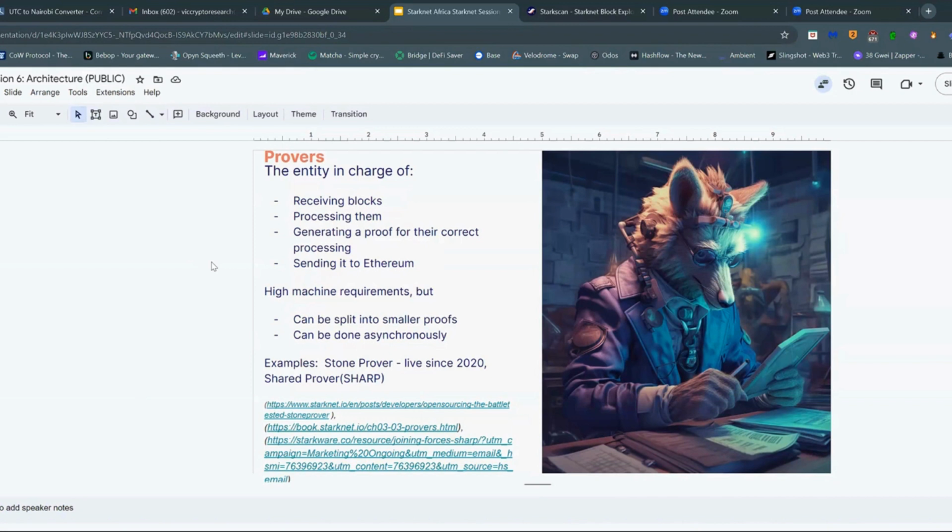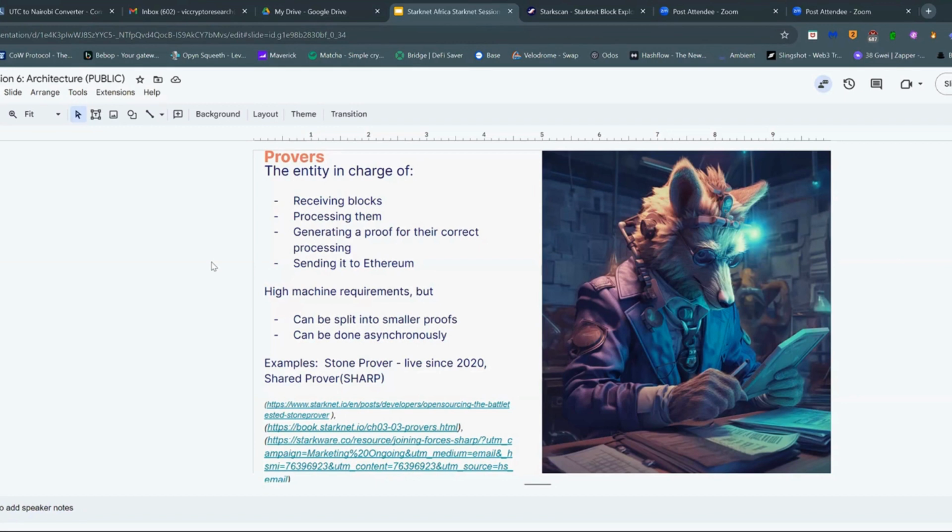You can see that the sequencer which processes transactions on Starknet is off-chain. That means people cannot track it, or see how it actually works. So you need to be able to confirm to other people that the computation is accurate. And that's where the prover comes in.